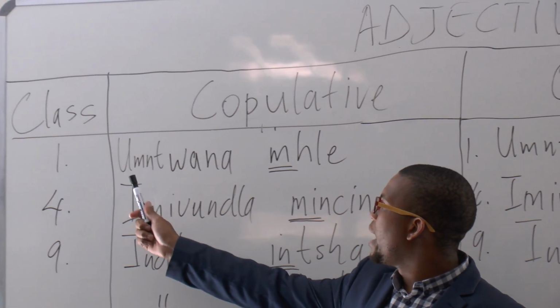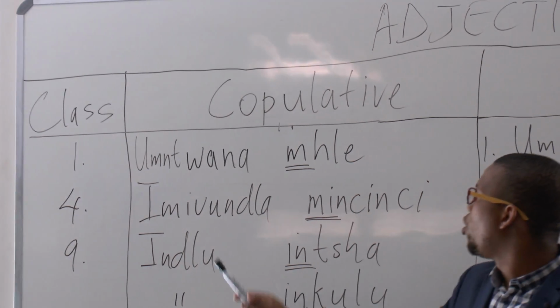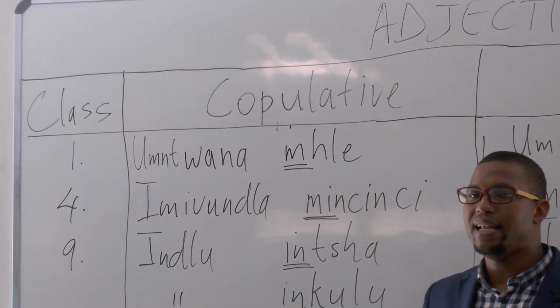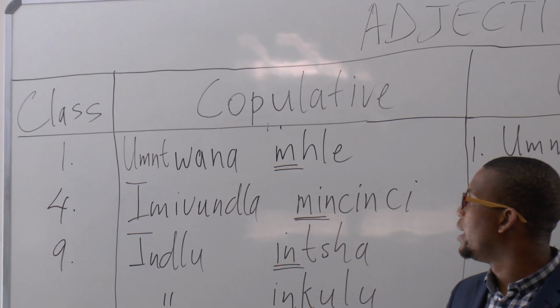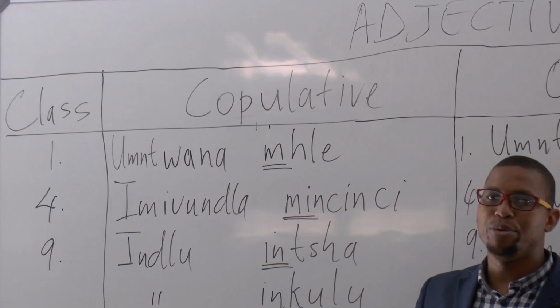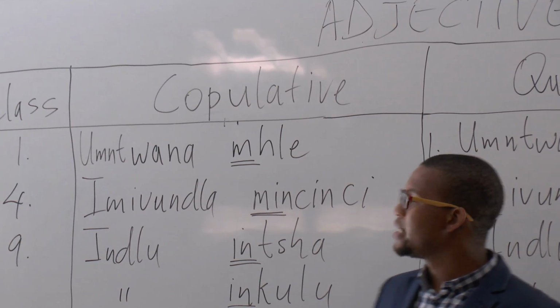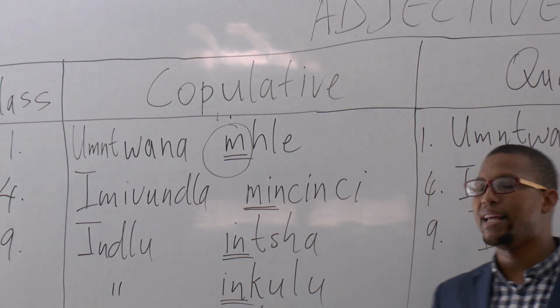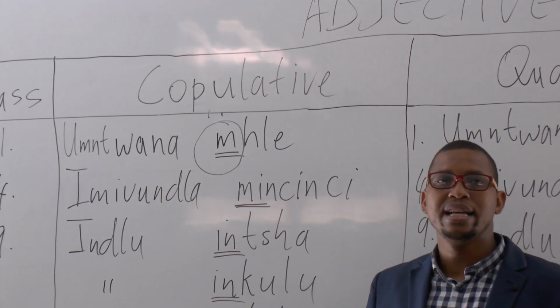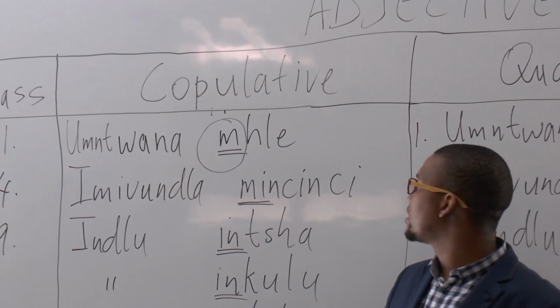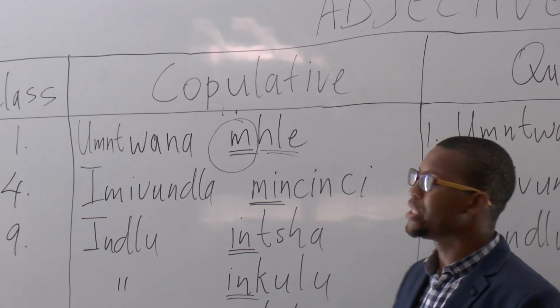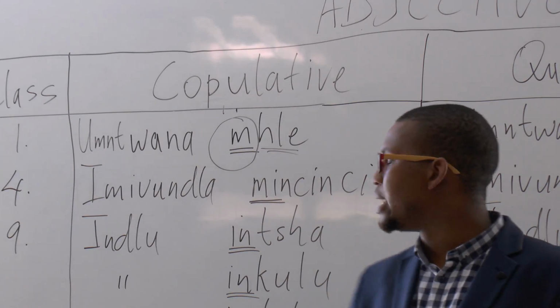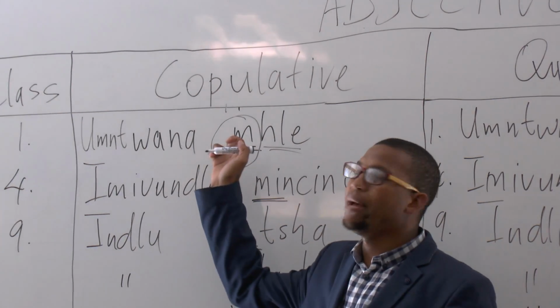Okay, we are doing class 1, umntwana mhle. The child is beautiful. Remember the part which has been underlined, as you can see there. That M means is. And our adjective is hle, beauty. Then, where does this M come from?